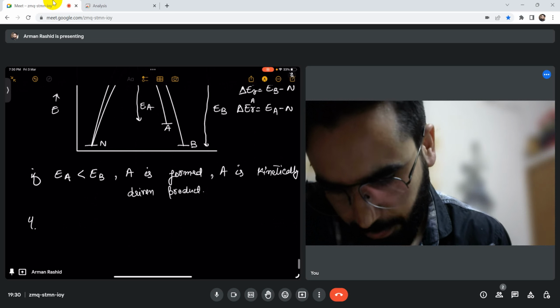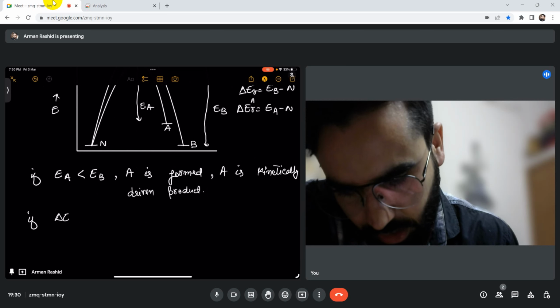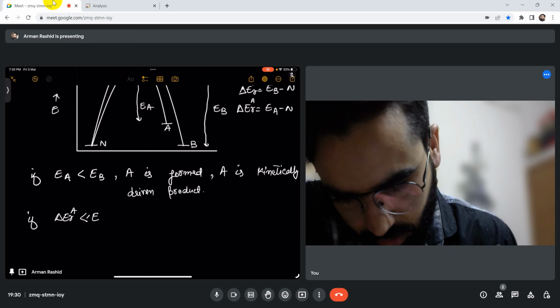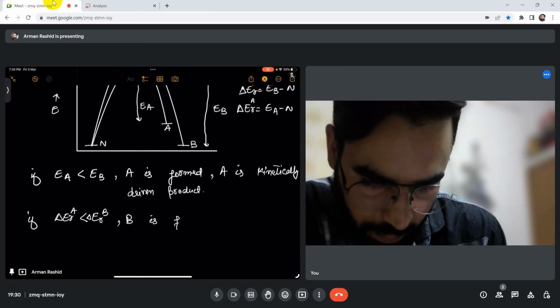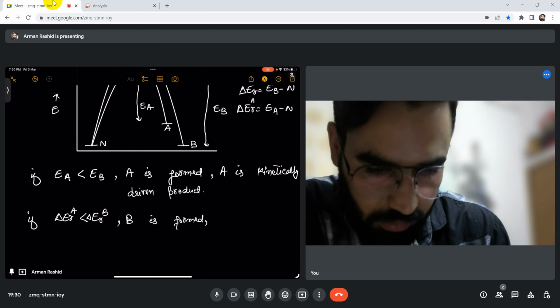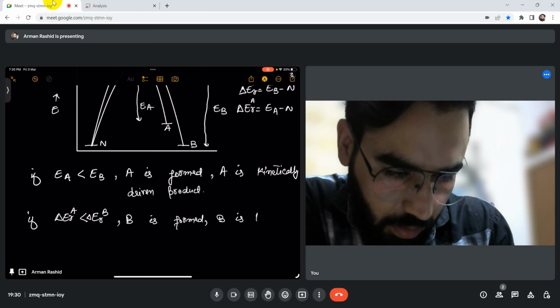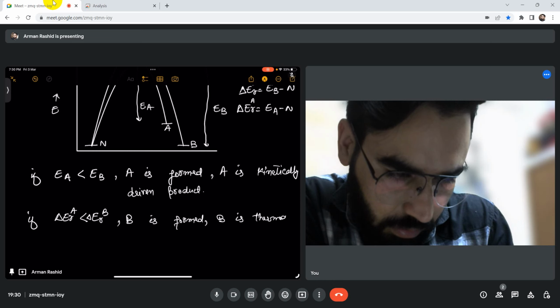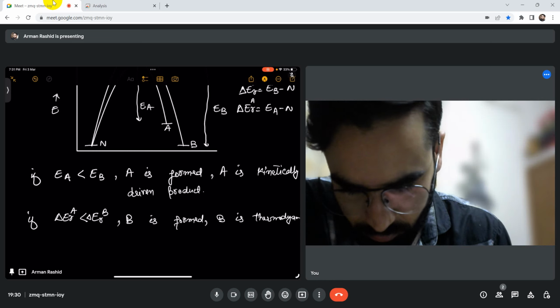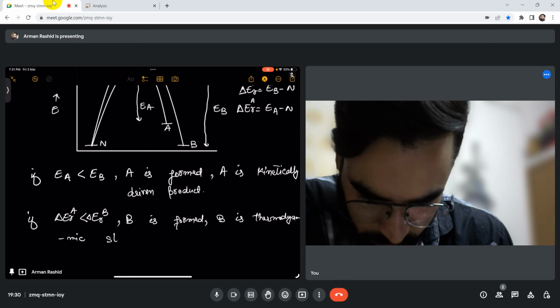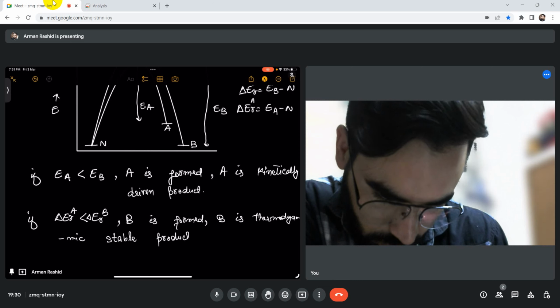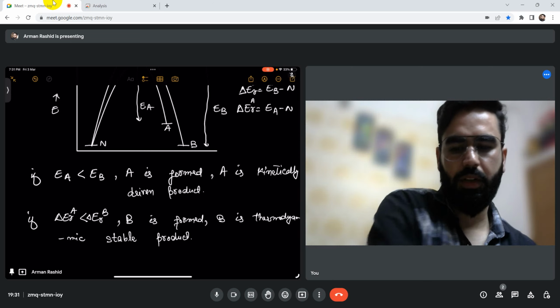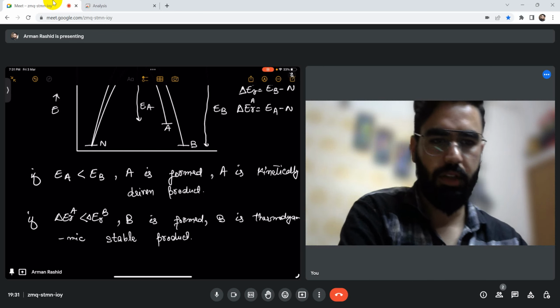But if delta E of the reaction for A is less than delta E of the reaction for B, and B is formed, then B is the thermodynamically stable product. So in this we have a thermodynamically stable product.